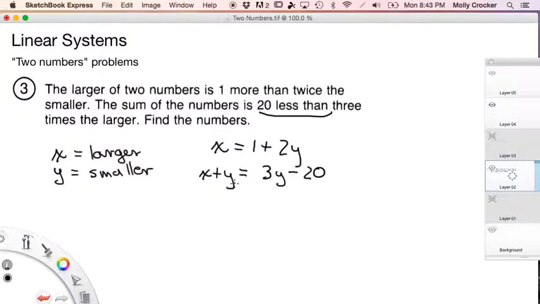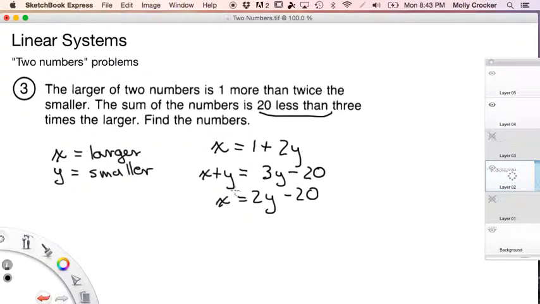So we could use substitution right away on this one if we wanted to. But let us just combine some terms here. I'm going to take a y off of both sides, so it reads x equals 2y minus 20. And then I could use substitution because x is worth that much.